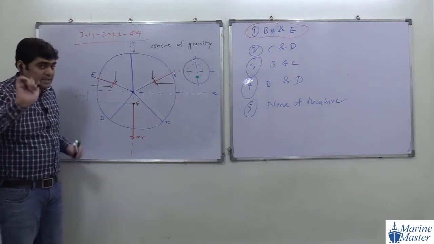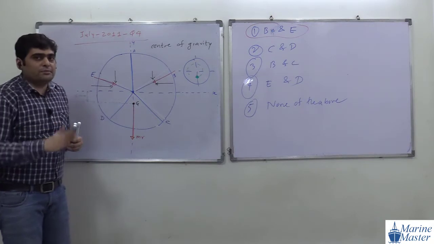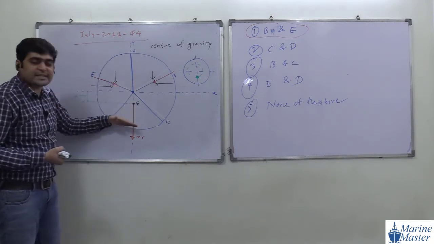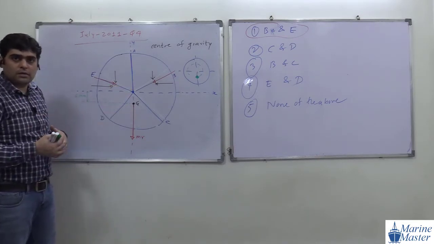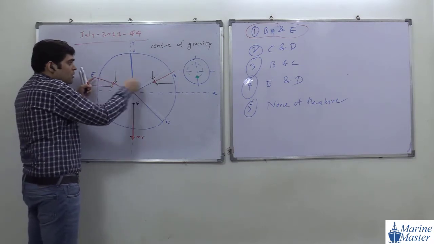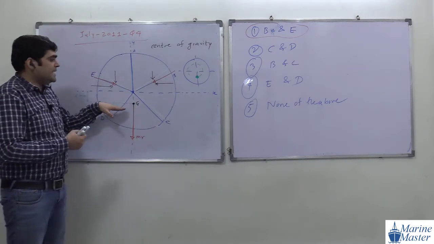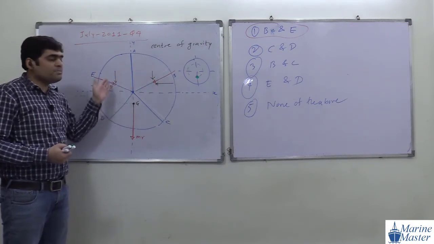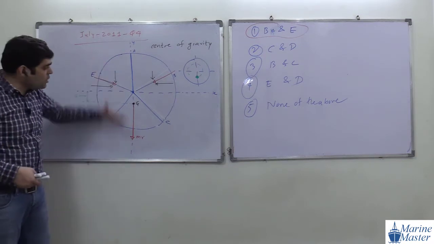Now see the scenario. If you are adding material more on this side, that is, removing material from B and E, there will be more material on this side. Earlier it was 18 kg; after removal of material from B and E, there will be more material on this side. So more imbalance.